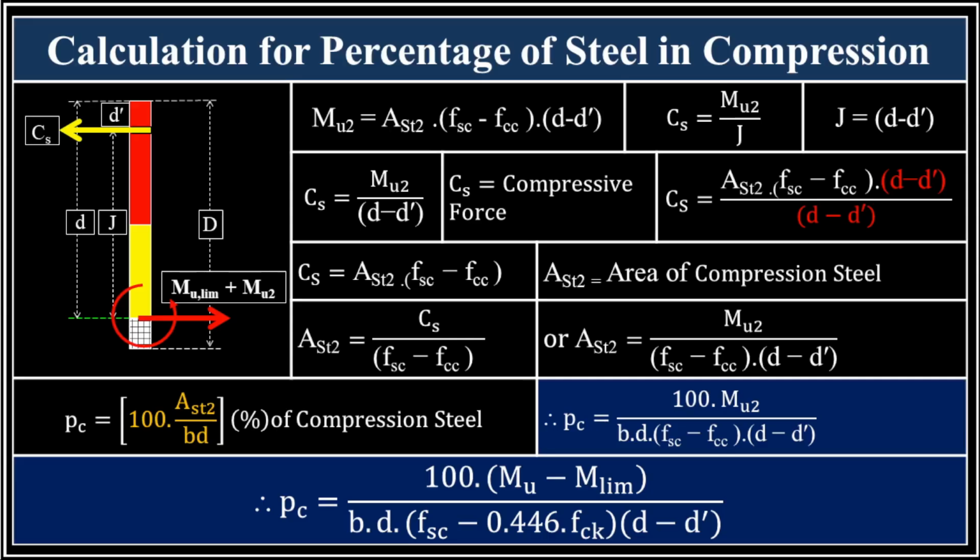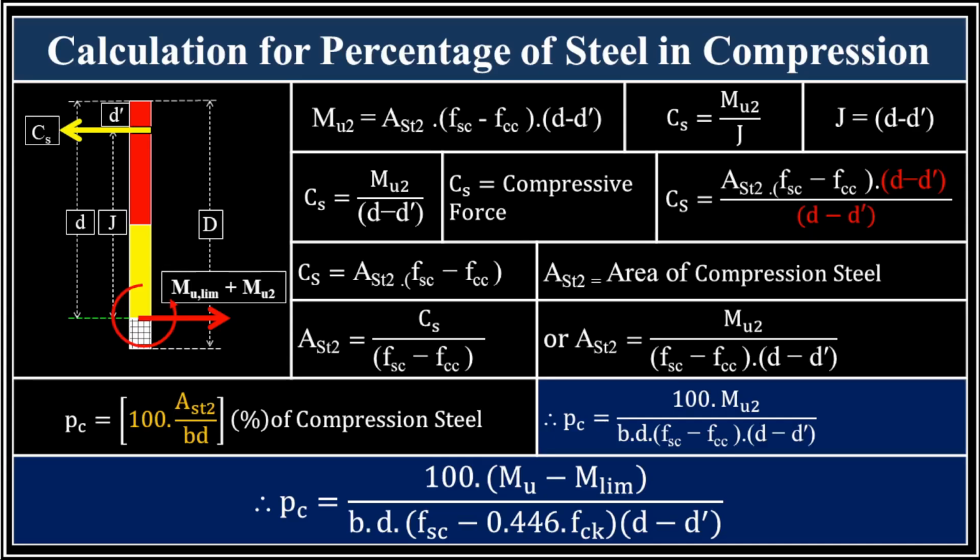AST2 equals CS divided by the quantity FSC minus FCC. Or, expanding on the Mu2 relationship, AST2 equals Mu2 divided by the product of FSC minus FCC, and d minus d dash. Remember, AST2 specifically refers to the area of compression steel.